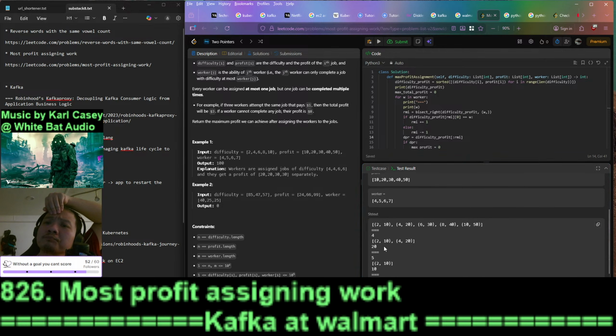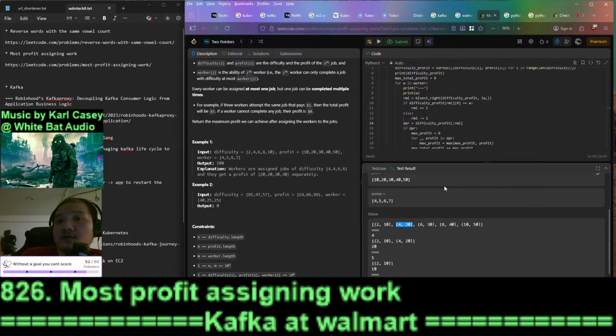Okay, so for 4 we got these 2. Bisect right will find the rightmost, would be this. Or if it is actually equal to W, then we got this, which is 20.